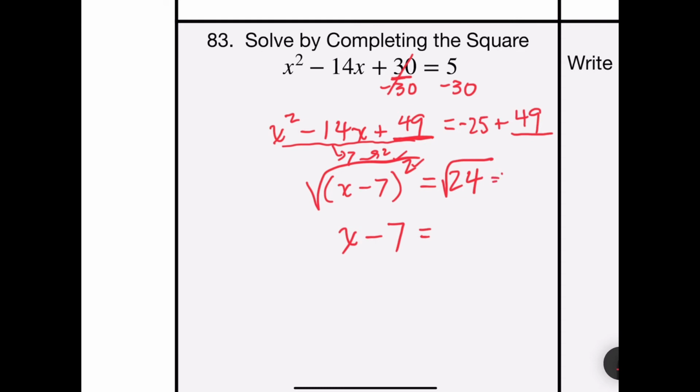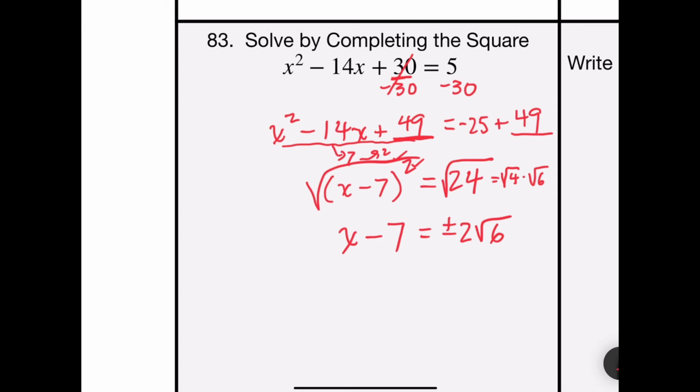If you remember, we would break this into perfect square factors of 4 times others, which would be 6, and I would get plus or minus 2 times the square root of 6. I need to have plus or minus because when I take the square root of 24, I get both the positive version and the negative version. And now it's very simple.